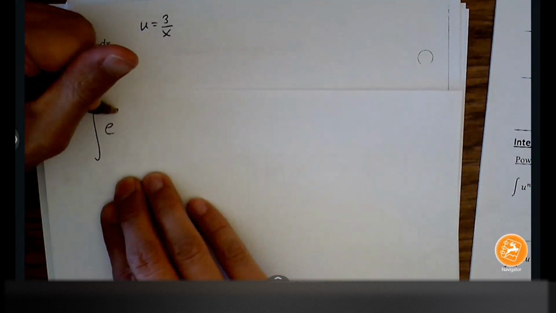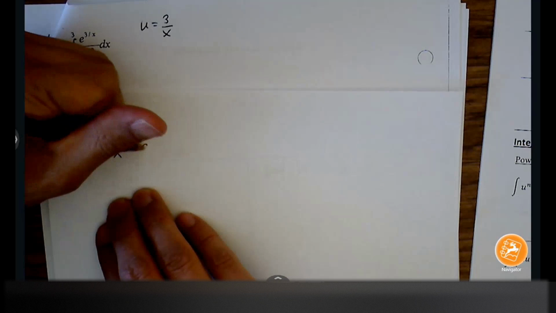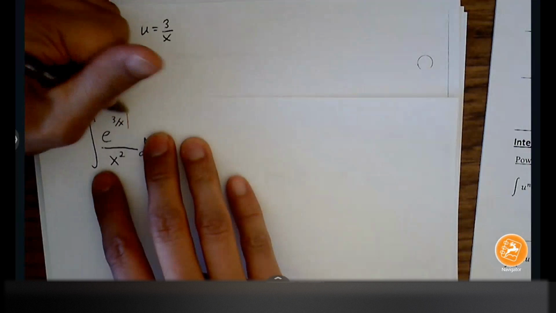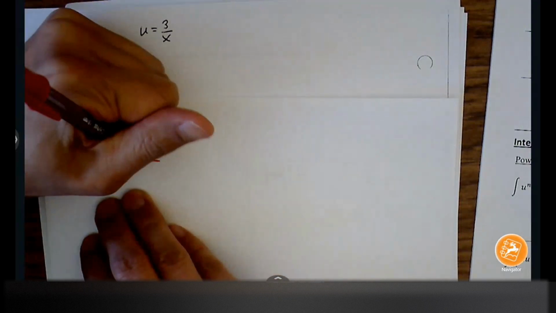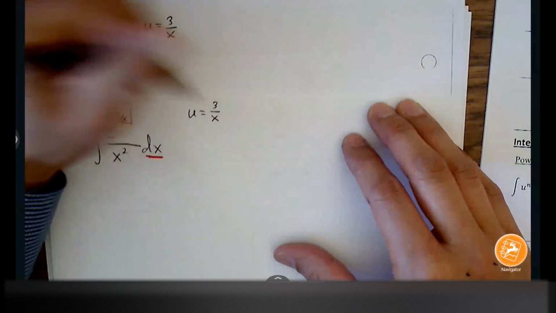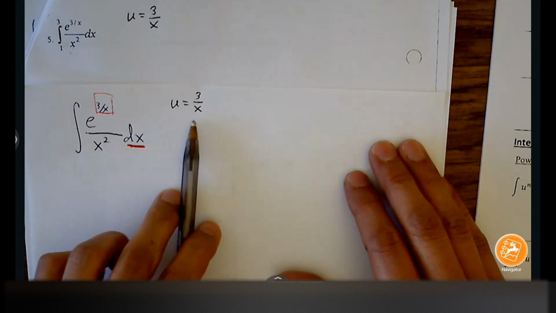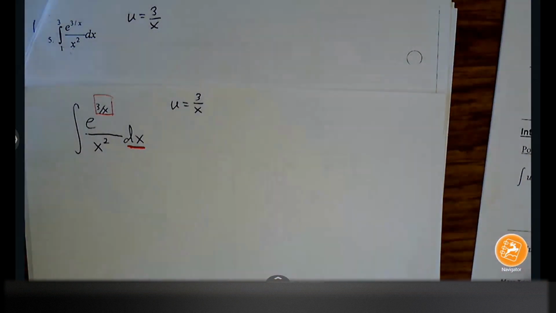The bounds come at the end. We know to target the exponent and the dx. All right, so how would you find the derivative of 3 over x?